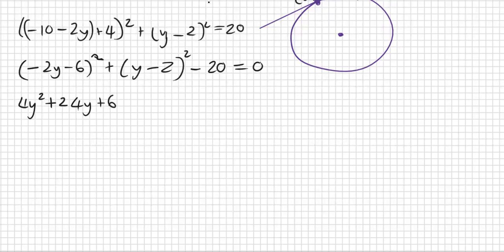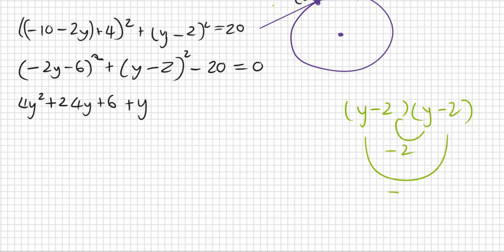So y times y is y squared. Minus 2 times y times 2, because that deals with the inner and outer terms. Minus 2 times y times 2 is minus 4y, plus 4, minus 20.